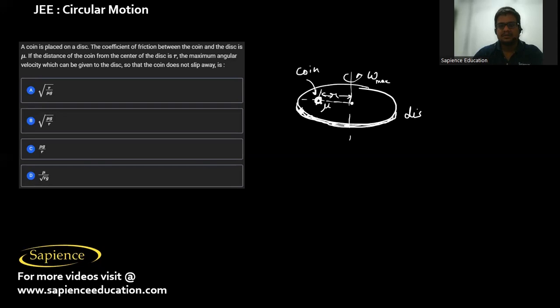So here the friction is providing the necessary centripetal force. The mass of the coin is m. So mg is acting downwards and normal reaction is acting. So mv square by r is equal to m omega square r.